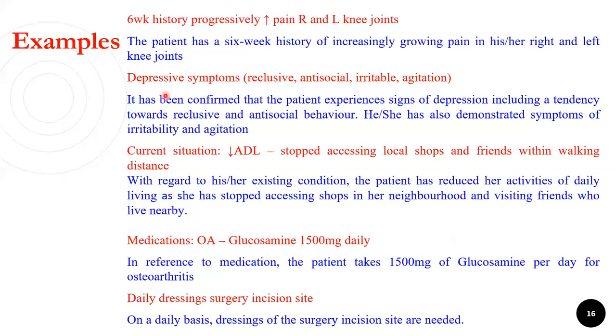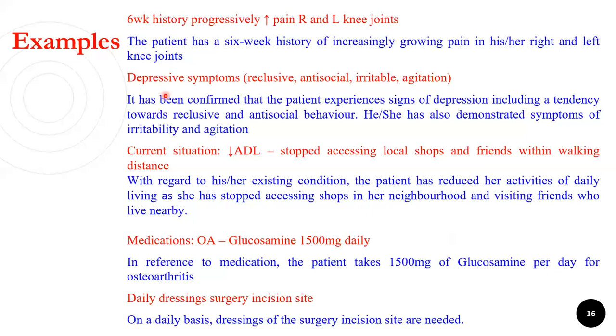Depressive symptoms, then in brackets reclusive, antisocial, irritable, agitation. This is on the point of you avoiding listing. So you could simply say the patient has depressive symptoms such as reclusive, antisocial, and irritable tendencies. The patient also becomes agitated sometimes.